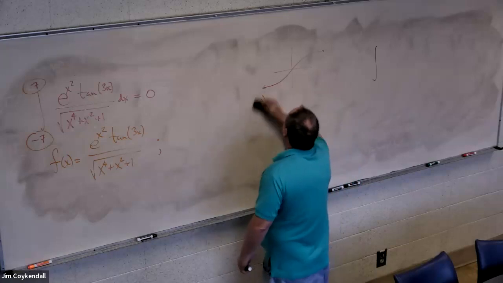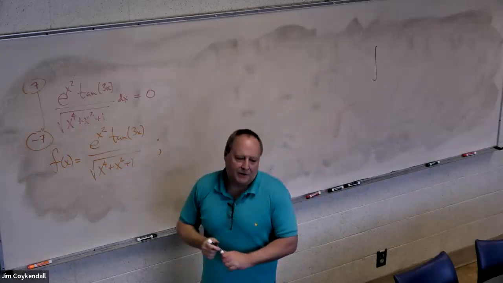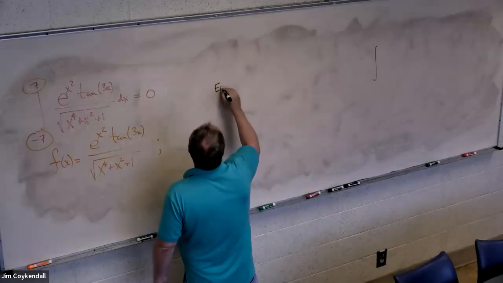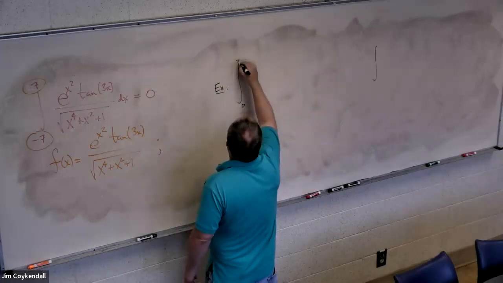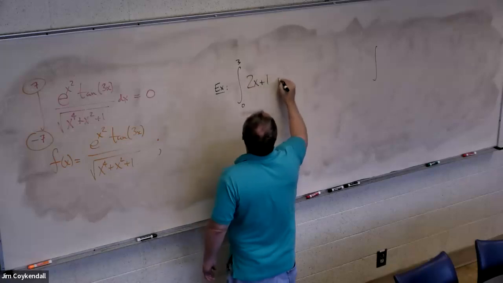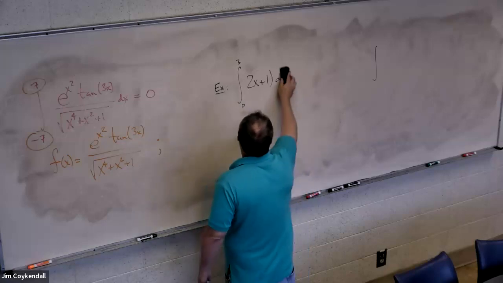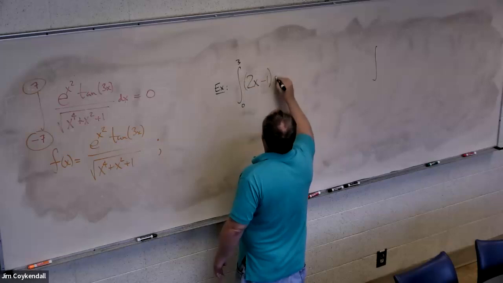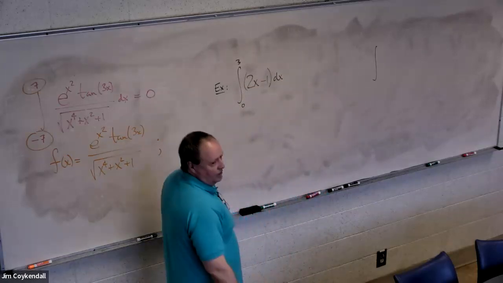Well, I mean, what geometric shapes do you do really? Right? So if I asked you to do, say, 0 to 3. Well, actually, this is one that you can do before.